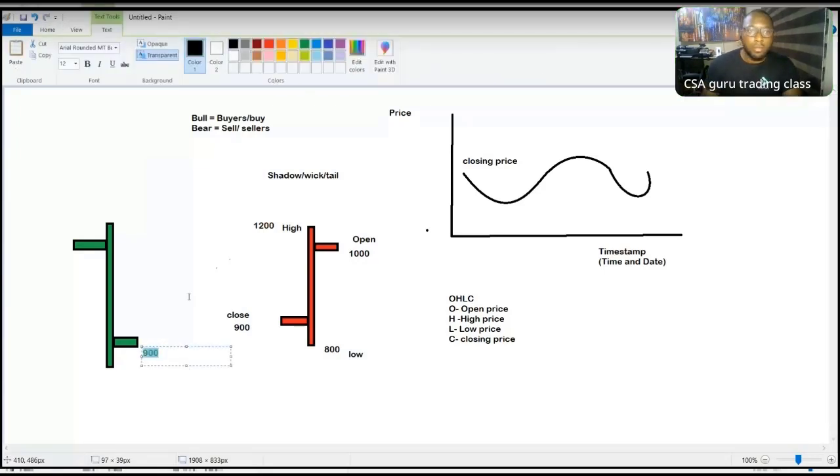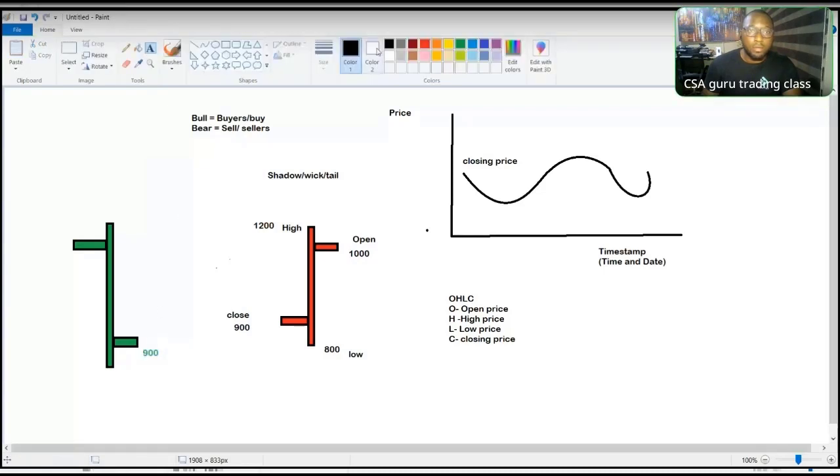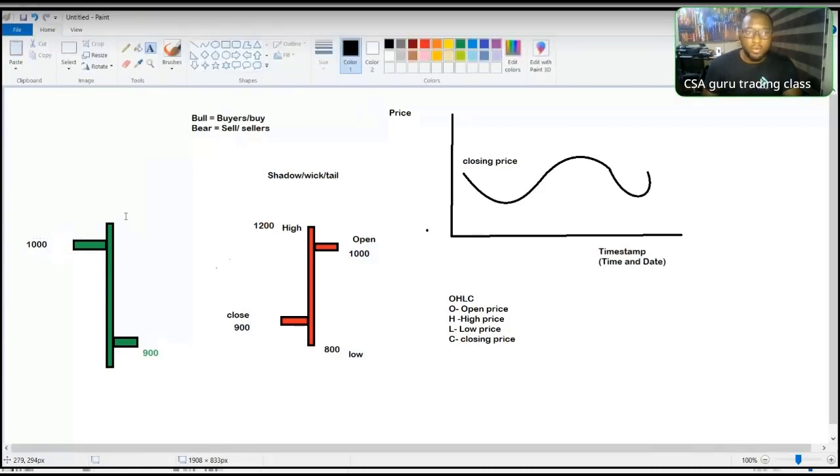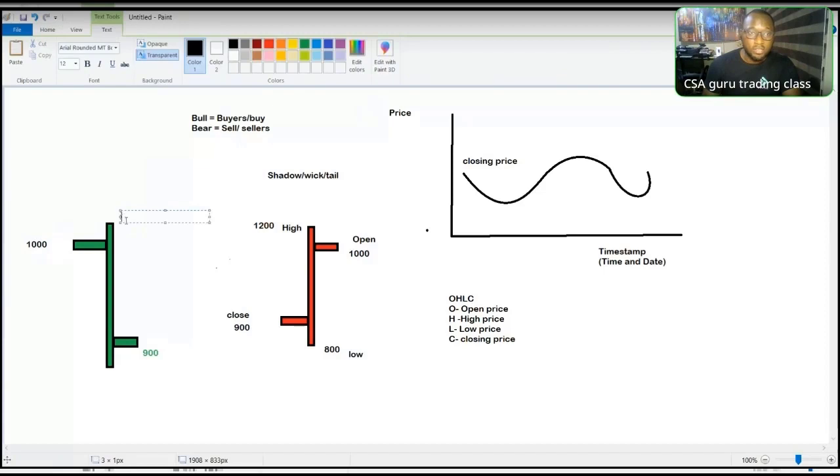The price started at 900 and closed at 1,000. The same thing happened. Our high is like 1,200, and our low is 800.